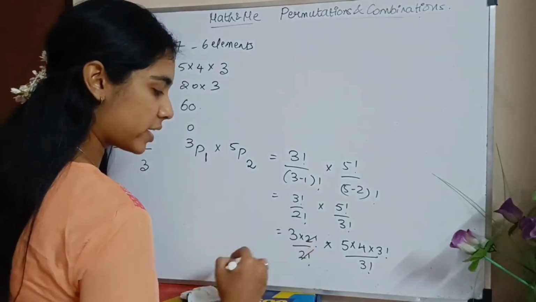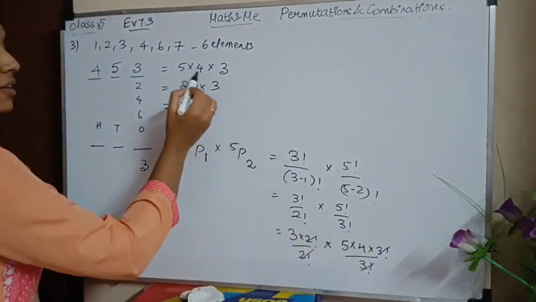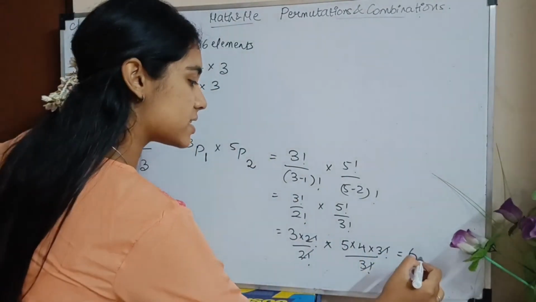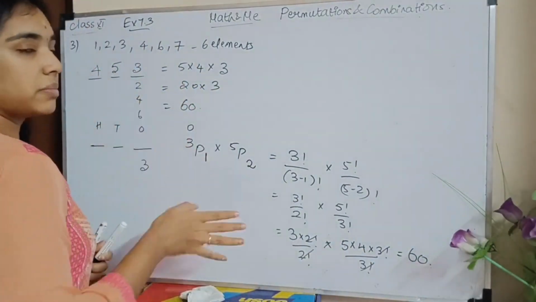The 2 factorial cancels, 3 and 3 cancel, so I'll have 5 times 4 times 3. So the answer is 60. Either way, you will get the same answer.